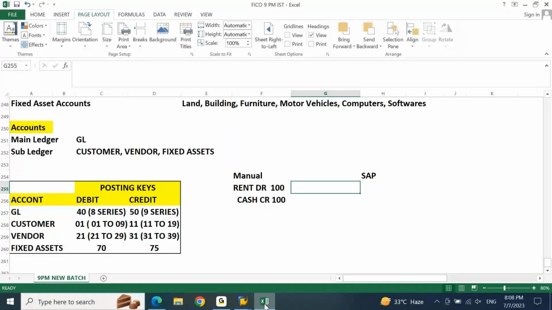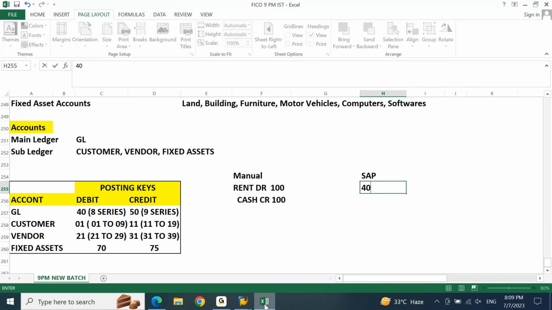Account code. You're going to identify based on the account code. Let's say I'll take some account number, followed by debit. Debit means posting key.